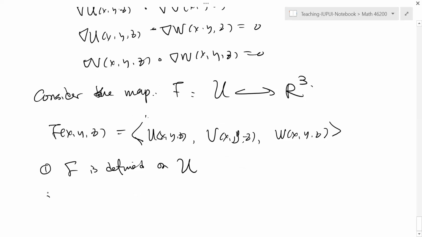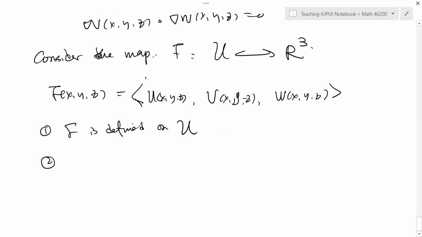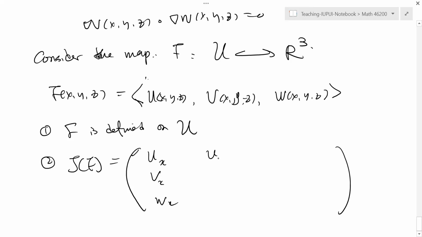I think the second one, let's look at this map. Let's look at the Jacobian of this map. How do we define it? These are the partial derivatives. I think it can be defined like this: ux, vx, wx, uy, vy, wy, and uz, vz, wz.